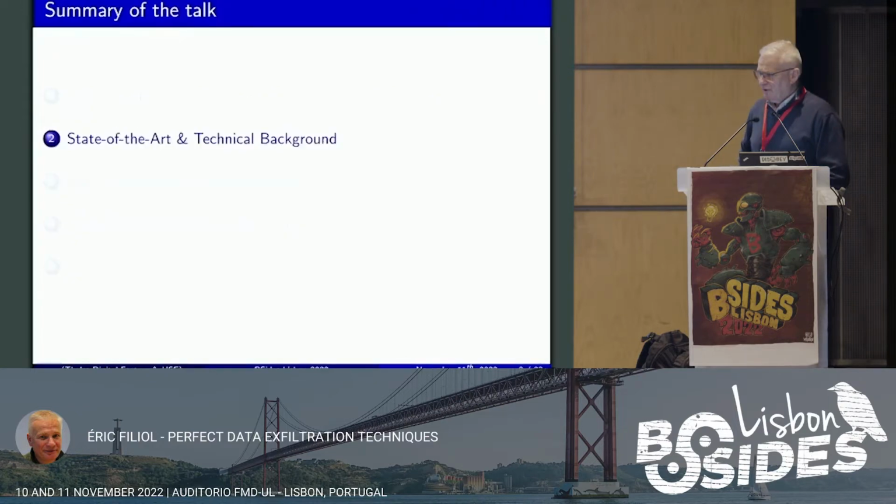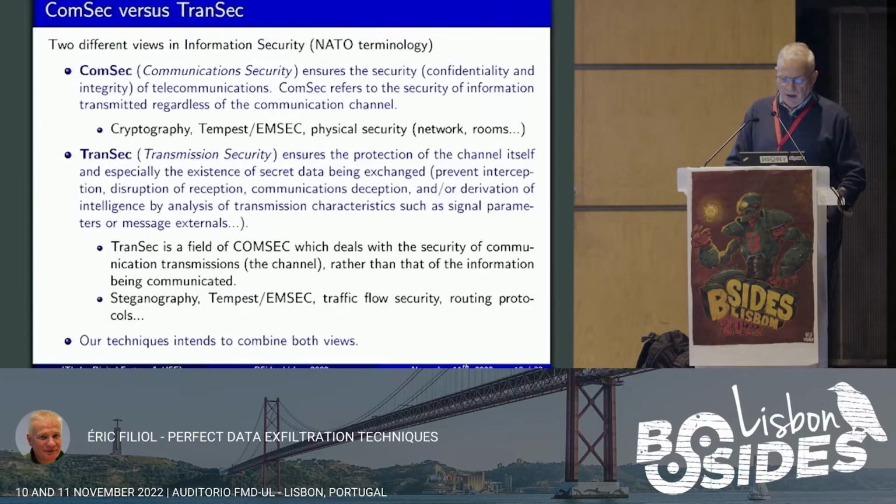So what are the different known techniques as far as information protection is concerned, and of course related issues like data exfiltration? In fact, I have taken the NATO terminology. You have two ways of protecting information. You have what we call ComSec, communication security. You just protect the information, but not the fact that you are exchanging sensitive information.